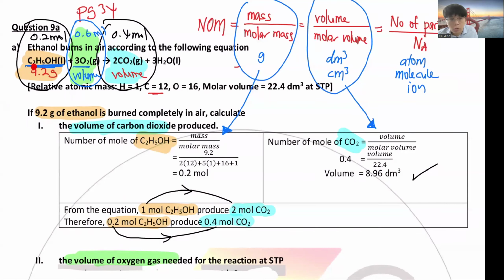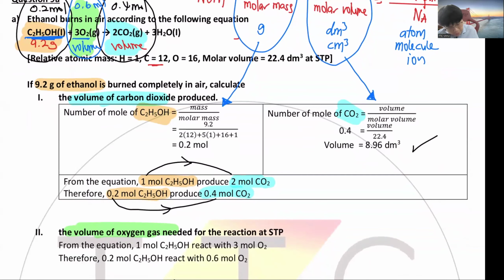Because 1 mole of C2H5OH reacts with 3 mole of O2. So first, you write down the relationship. 1 mole will produce 3 mole of O2. Oxygen, you okay?